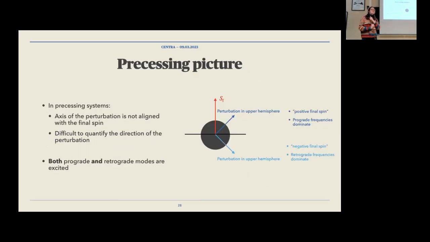But in the case of precession, things are not so simple, and we no longer have the perturbation either aligned or anti-aligned. It is instead inclined relative to the final spin. And this means that it is much harder to predict whether the prograde frequencies or the retrograde frequencies will be dominant. Both will be excited.